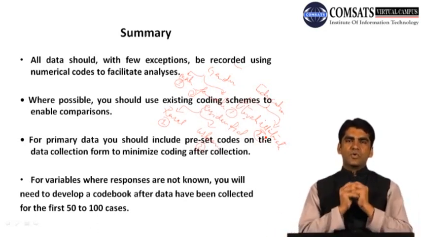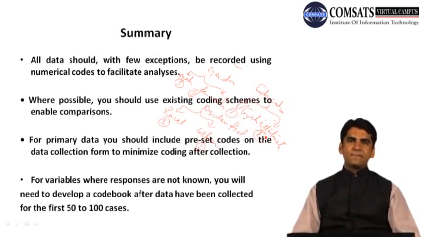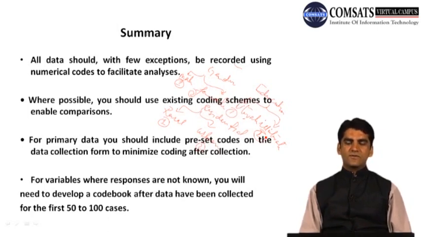So we have to code variables nicely, and give them understandable codes to facilitate our analysis. Where possible, you should use existing coding schemes to enable comparison. If a scheme already exists, you can use it so that you are in a good position to compare. For primary data, you should include preset codes on the data collection form to minimize coding after collection.